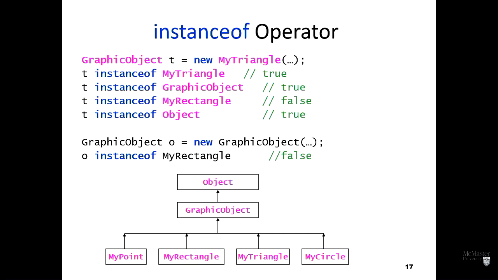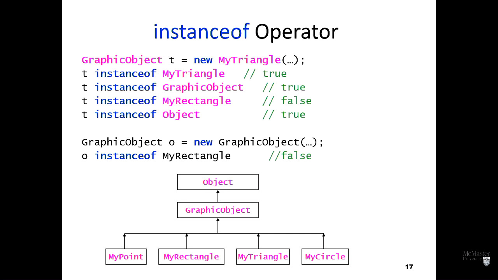Would this statement still be true? T instanceof graphic object? Exactly. It would be yes, because I said before, any object of the child type is also of the parent type, right? So T instanceof graphic object is true, not because we declared it as graphic object, but because myTriangle is a child of the graphic object, right?